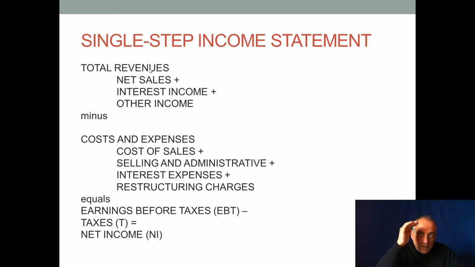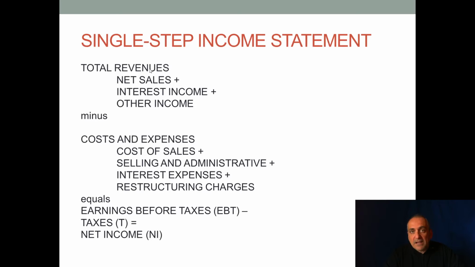Because with this type of way of expressing our profits or loss, we start from all the revenues and then we subtract all the costs. So basically we start with the top line, which is probably the most important and least manipulated item of the balance sheet, which is the amount of sales that we made in a given period.